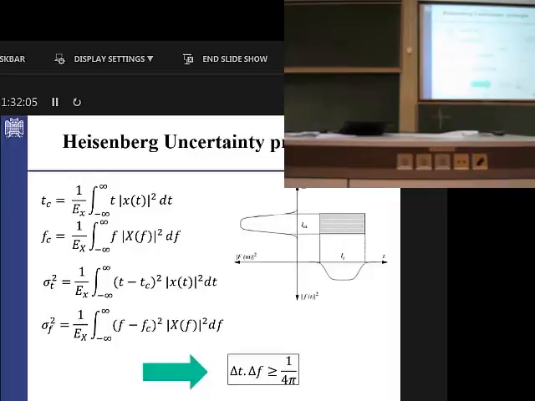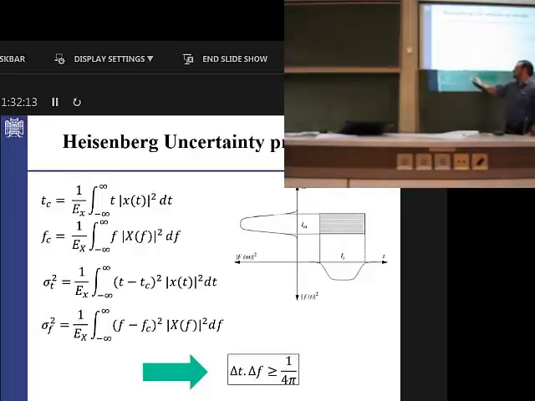So, assuming that the signal is an energy signal, which means in the time domain that E of x is limited.